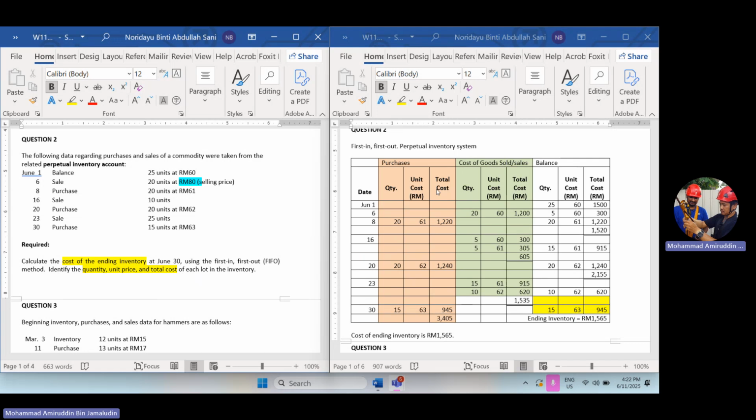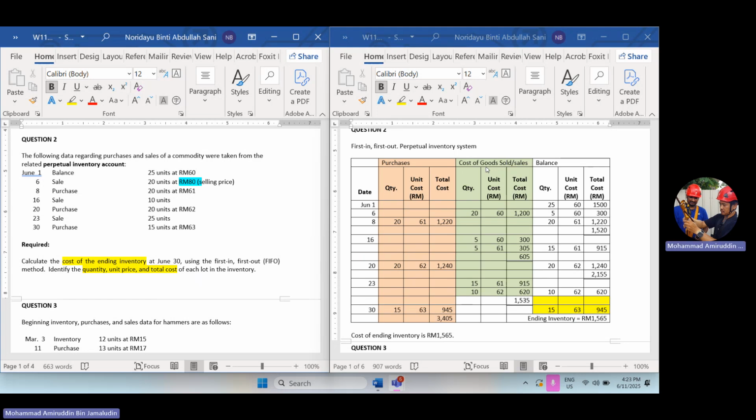Also you can see how much is your cost of goods available for sale when you purchase. How much is the cost? And this is your COGS actually. The one that I put in the yellow highlighted area is for purchases. It involves quantity, unit cost, total cost, and this is the date column. And this one is your COGS.